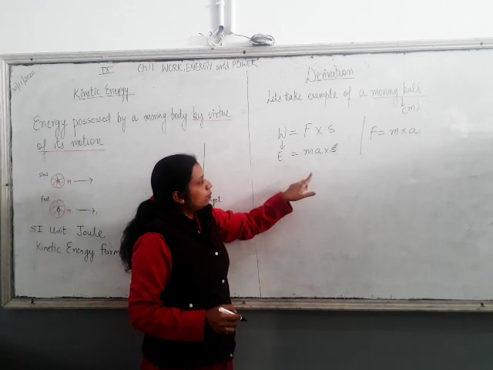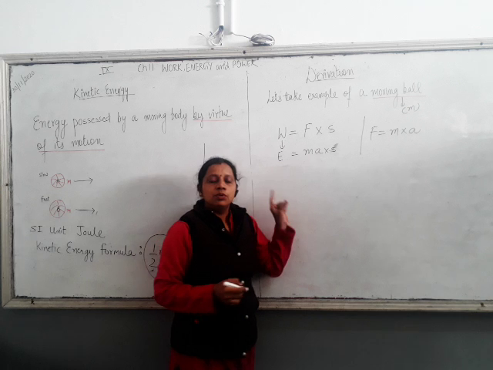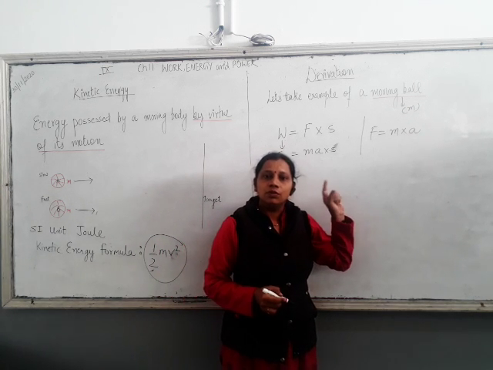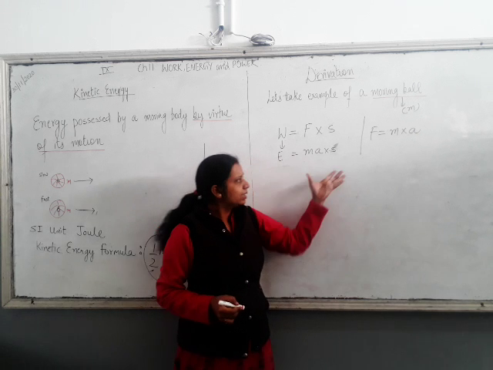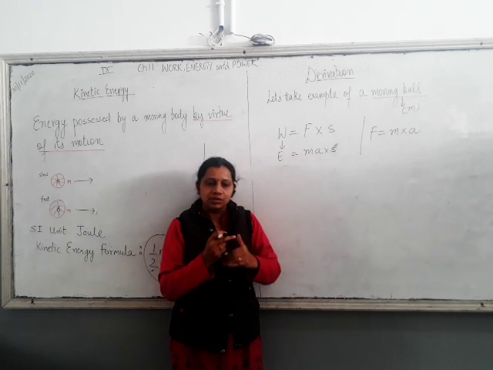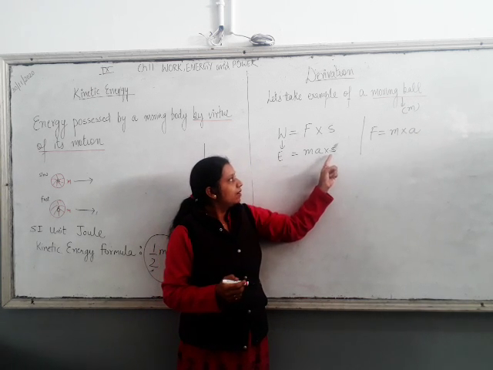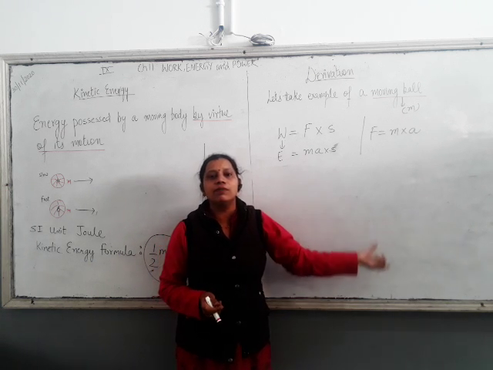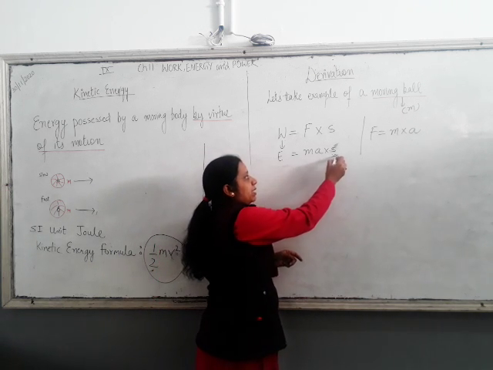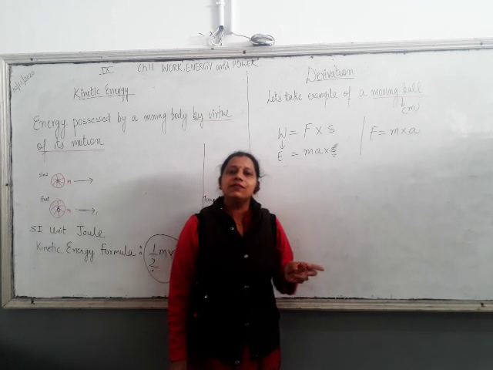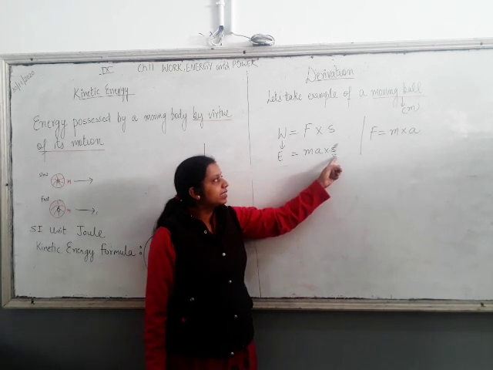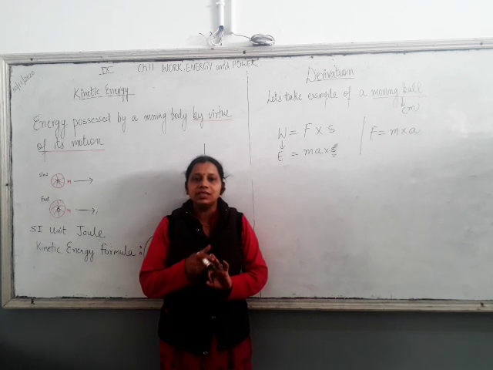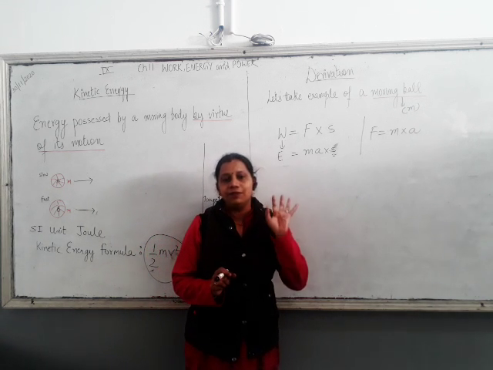Now I know kinetic energy is proportional to velocity. So I have to change this equation so that v comes here, or I can say I have to write this energy in terms of v instead of displacement. Using the equations of motion, you can write displacement in terms of velocity. Choose the equation which doesn't have the time factor in it.